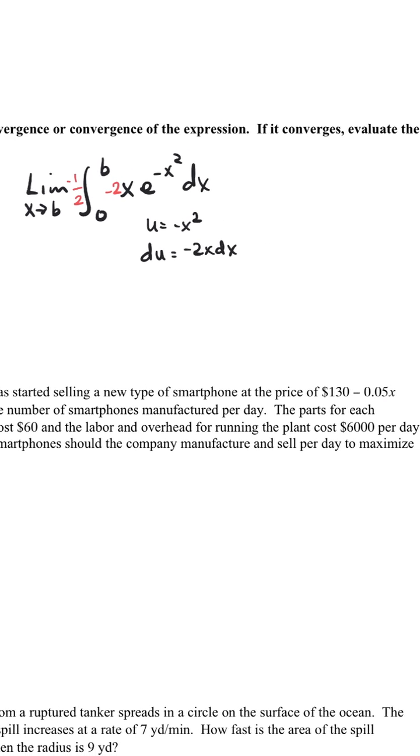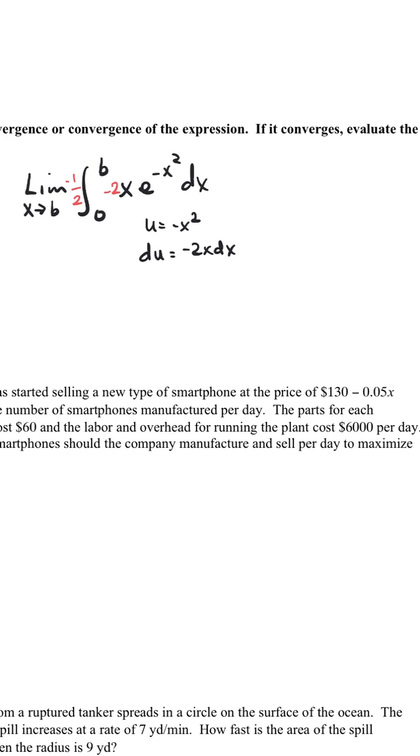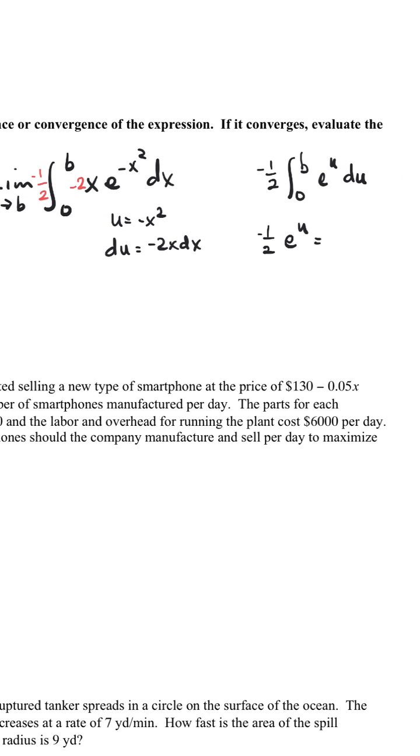So then I'm going to drop the limit here for a second and just focus on the antiderivative. So we have negative 1/2 times the antiderivative from 0 to b of e to the u du. So this is negative 1/2 e to the u, which is negative 1/2 e to the negative x squared.